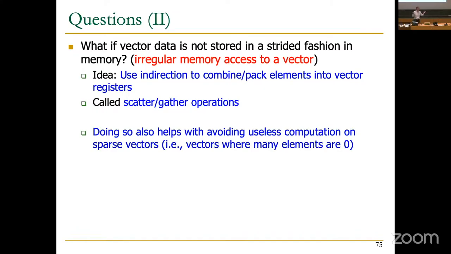Multiplication, for example, 0 is useless, right? You gather only those 3 elements, pack them into a vector register, and operate only on those 3 elements. That's the idea, basically. And then you scatter them back to memory where they were supposed to be. So this could be extremely advantageous in those situations, as you can see, right?